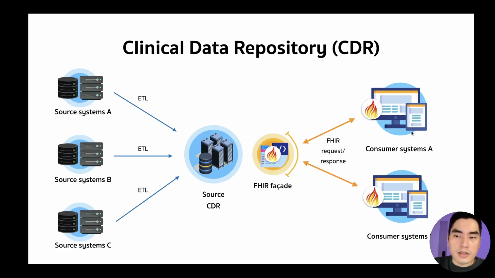To allow other systems to retrieve the data inside this CDR in a standard format, maybe it's a good way to put a facade here in front of the CDR. When the consumer system wants to retrieve the data here, it can request it in FHIR format, and then the facade converts that request, retrieves the data from the CDR, and sends it back to the system, same as system B.